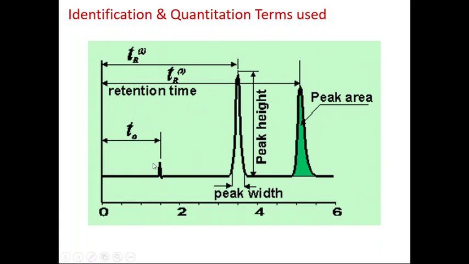T naught is the void volume or void time before which no single compound can elute. So this is the minimum time taken for any analyte from the point of injection to the start of the elution.